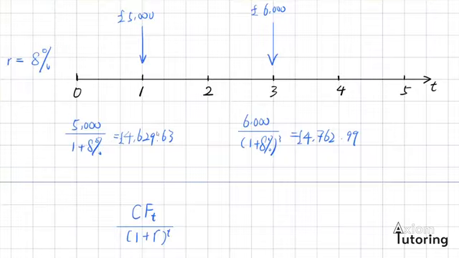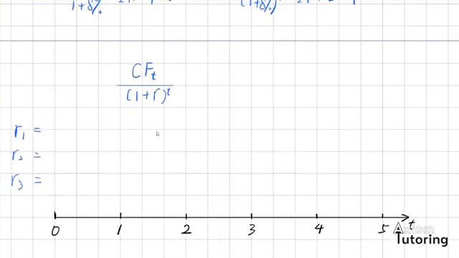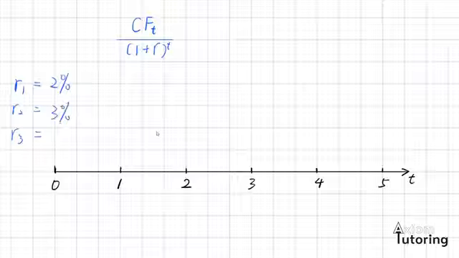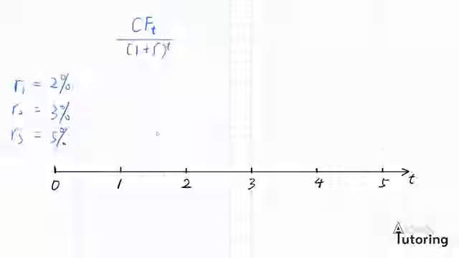So what if I have different discount rates for different periods, and I have multiple cash flows in the future? For example, R1, the 1 year interest rate, is 2%, R2 is 3%, R3 is 5%. And I have varying cash flows at different time periods.